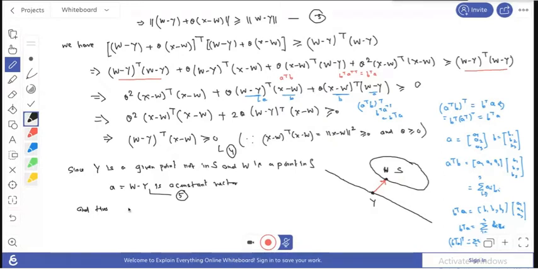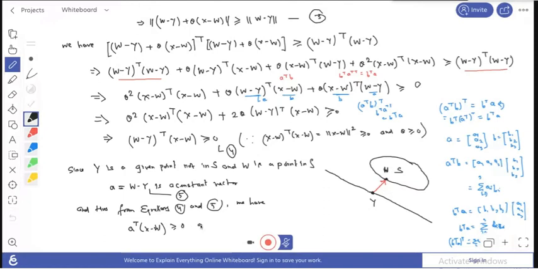from equations 4 and 5, we have W minus Y is A, so you can write A transpose, and here is X minus W, that is greater than or equal to 0.